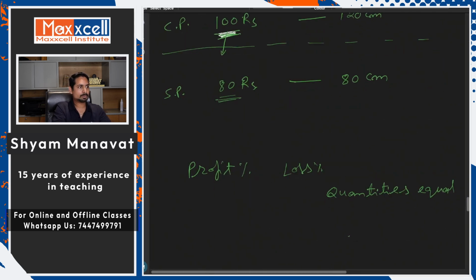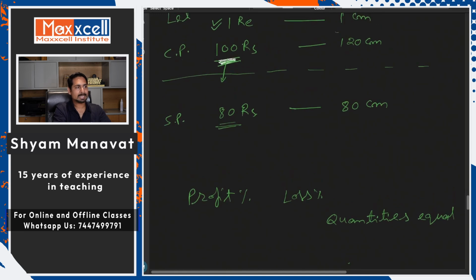Okay. So if I make the quantities equal, I need to find out for 1 centimeter how much he paid and how much he received against 1 centimeter. So the cost price of 1 centimeter for him would be 100 by 120, right? 100 rupees for 120 centimeters.